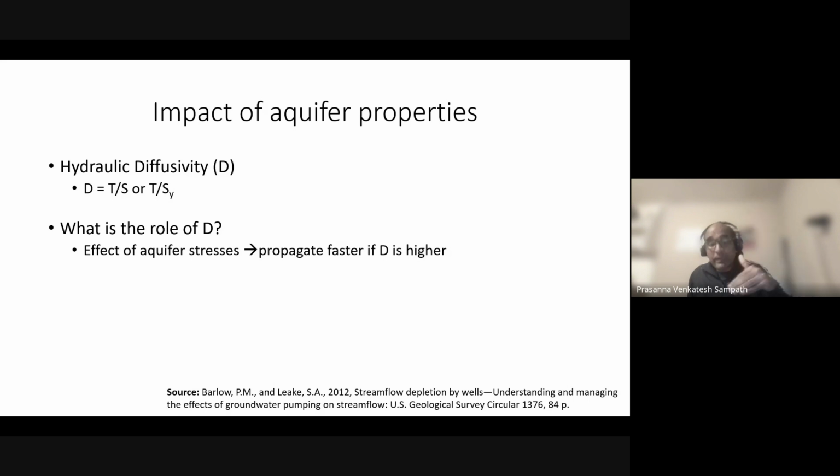For an unconfined aquifer, relatively speaking, the value of hydraulic diffusivity is much lower, which means that in a confined aquifer, if I pump water at a particular location, the impact of pumping will propagate very fast in the aquifer, right? In an unconfined aquifer, it will propagate relatively slowly, right? So that is the role played by this new parameter that I'm introducing here called hydraulic diffusivity.